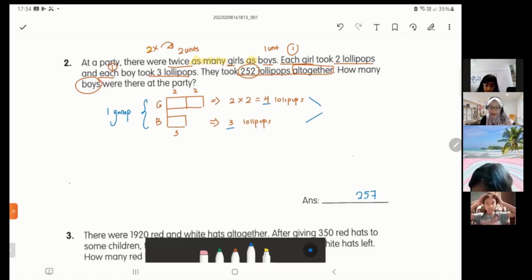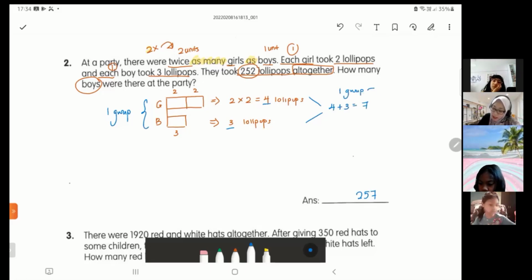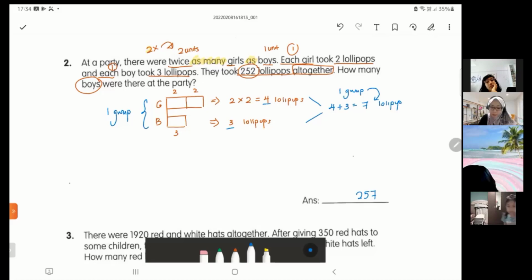But I can say that for a group of boys and a group of girls, they are divided as 2 units and 1 unit. So this is one group. The one group total of lollipops is 4 plus 3 equals 7. The total is 7 lollipops. Okay, so how to find the number of boys? The number of boys is finding your one unit here.